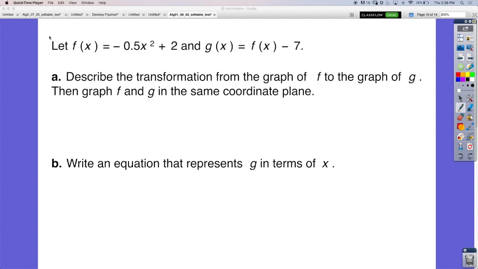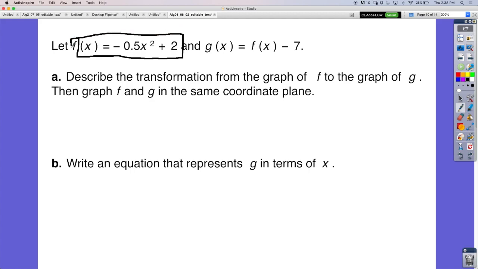The last part of this, we're going to translate functions not from the mama function, not from the parent function. We're going to translate it from a different function. So instead of comparing it to x squared, we're going to compare it to this function right here, f of x. My new function is whatever f of x is, and then what am I going to do to that graph? Where is it going to move?